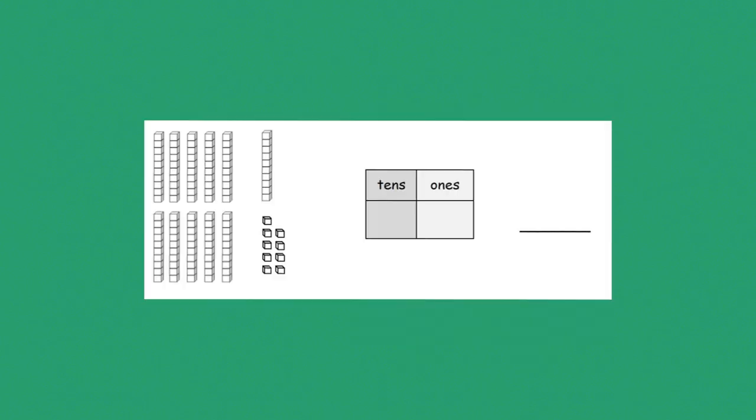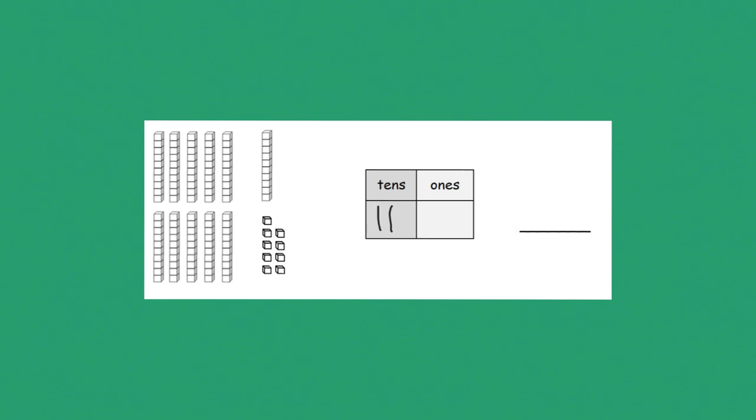All right, we're going to try one more that looks a little bit different than the previous 3 we did. Same idea. We're going to first start off by counting our rods or groups of 10. 1, 2, 3, 4, 5, 6, 7, 8, 9, 10, 11.